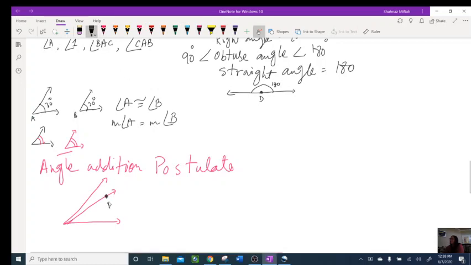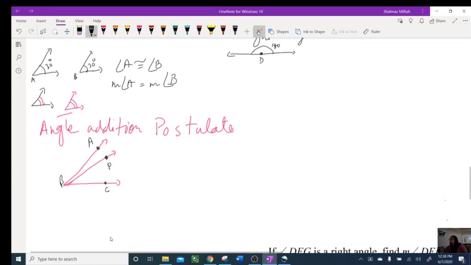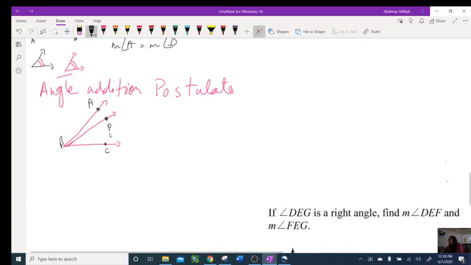This is P, A, B, and this is C. So if this is the case, I can make these two. You see, these two angles are not the same, right? This is one arc, that's two arcs, so their measurements are not the same.